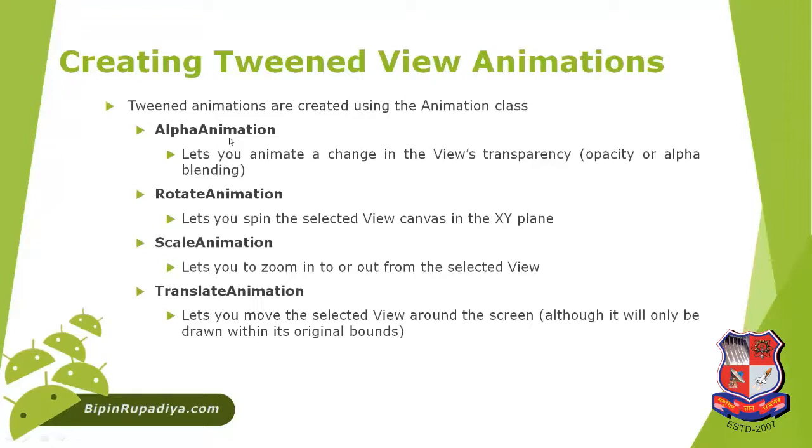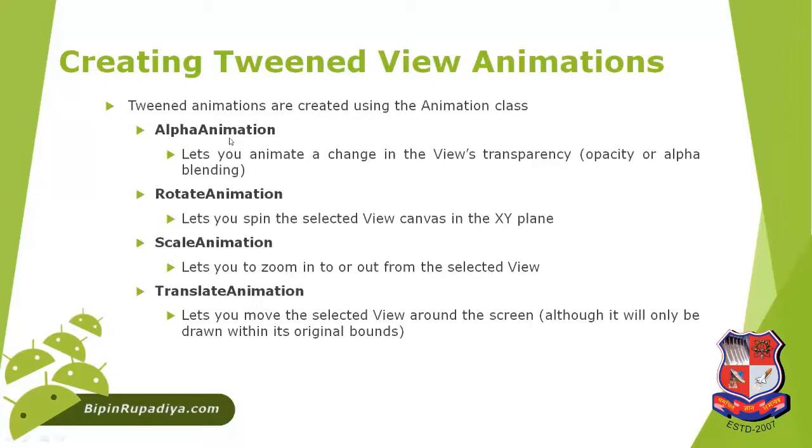Translate basically moves your object on the x-axis or y-axis or a combination of both axes, right? From the original position, if you specify positive values, it goes in a positive direction. On the x side, positive values go left to right.